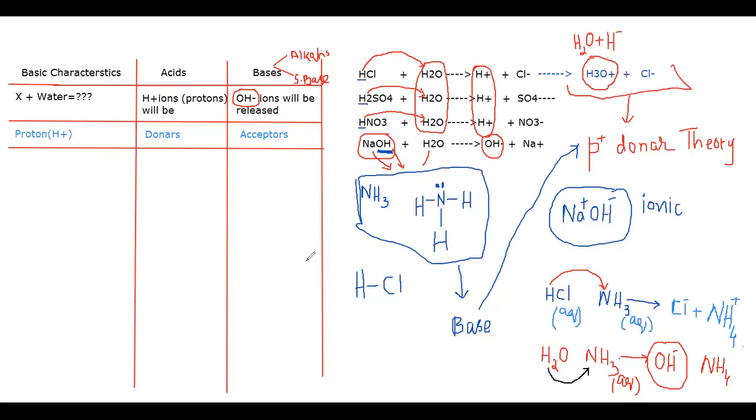Like when it reacts with HCl, it gets the hydrogen ion from the acid and accepts the hydrogen ion or protons. Like in case of water, it also receives the hydrogen ion from the water and generates hydroxide ion. So in both cases ammonia is a base because it is accepting the protons but it is not releasing or donating the proton.